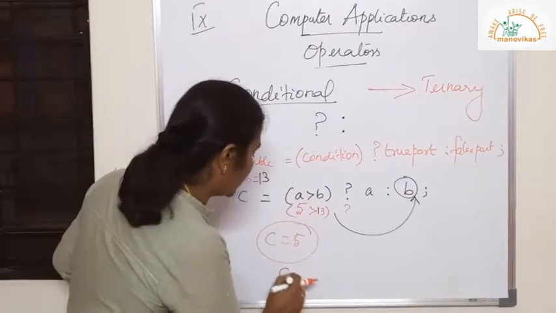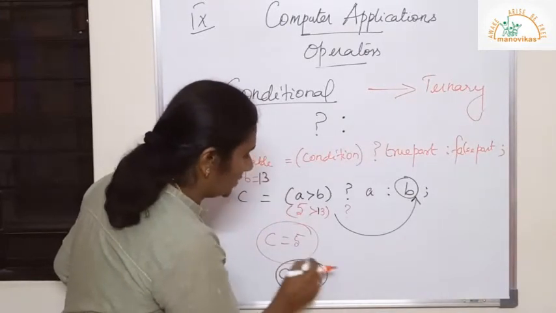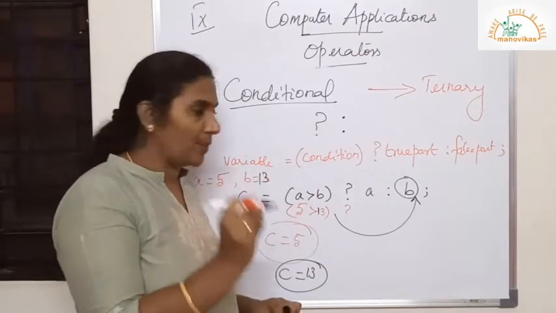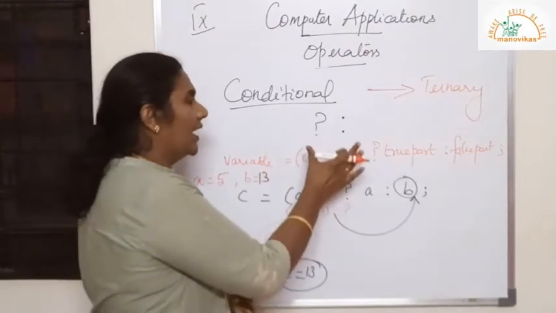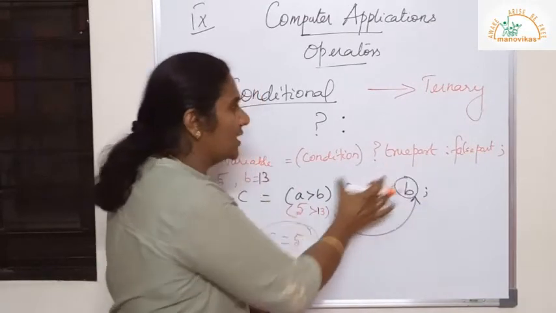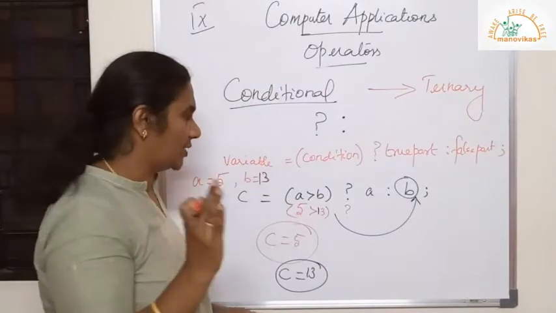So the value of C will be the value of B, that is equal to 13. I hope you have understood. So repeat watching this part till you understand it. Basically, check the condition, and if the condition is true, do the first part, that is the true part, and if the condition is false, move to the false part of it.